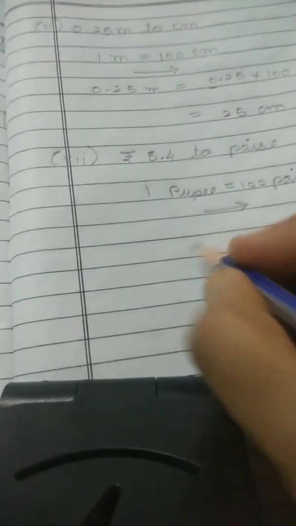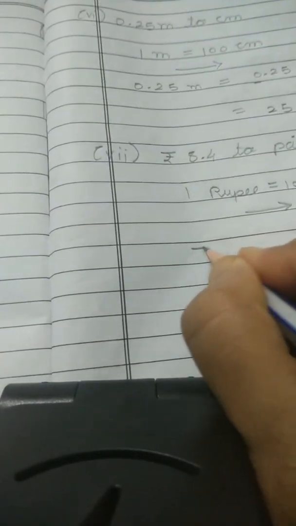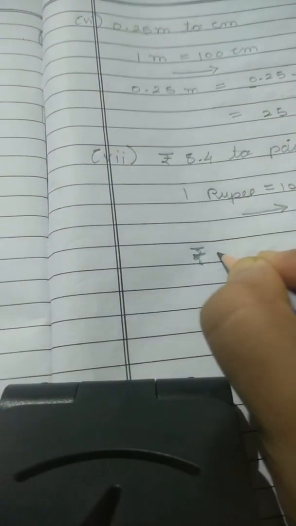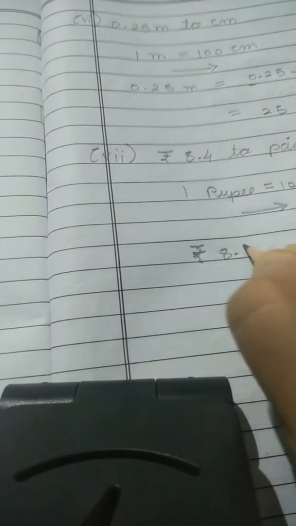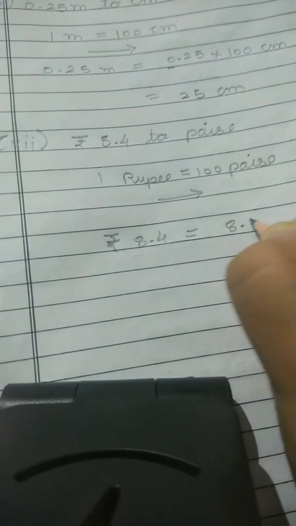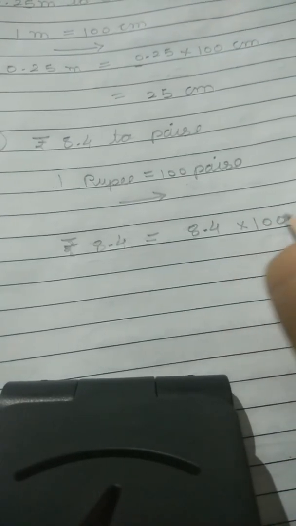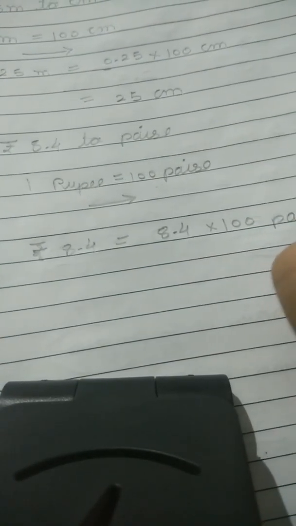So we have to do multiplication. So rupees 8.4 is equal to 8.4 multiplied by 100. Okay. So it will be converted into paisa.